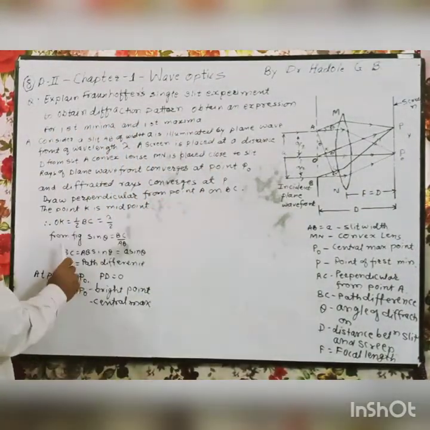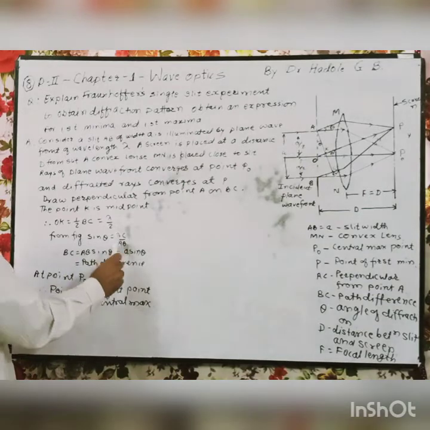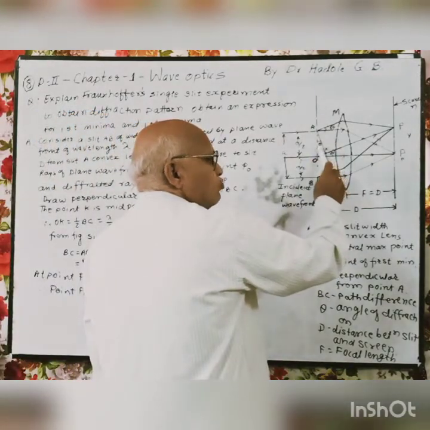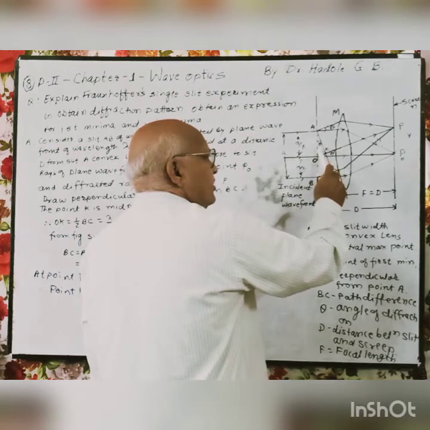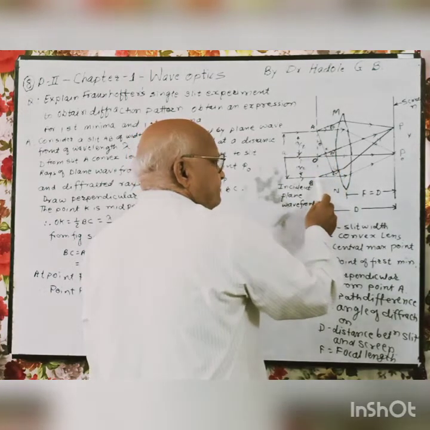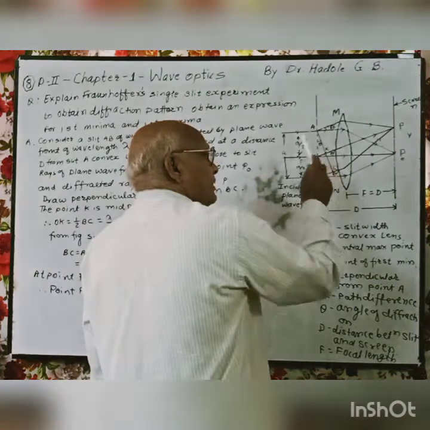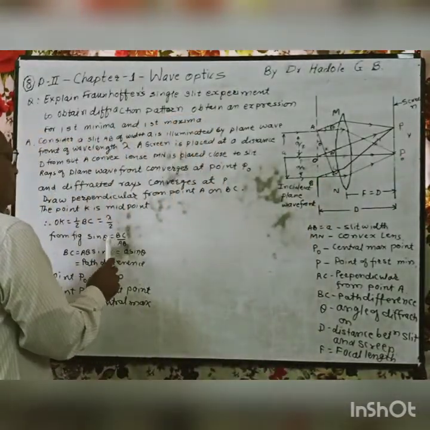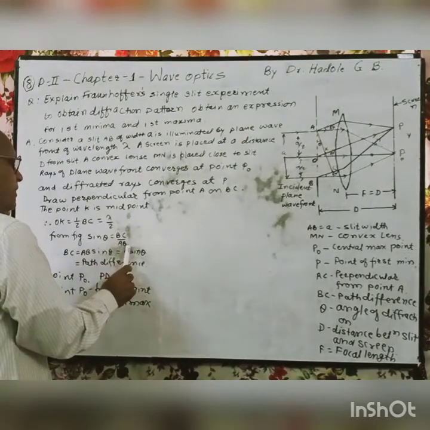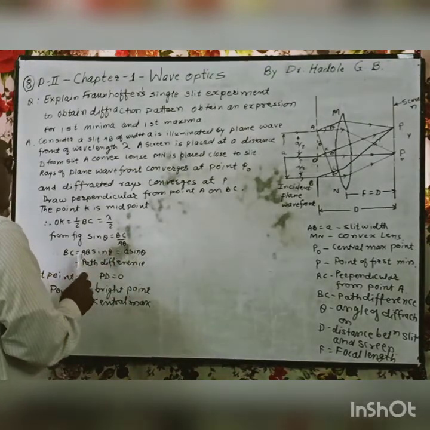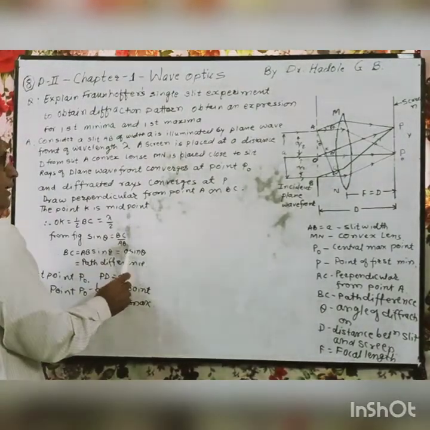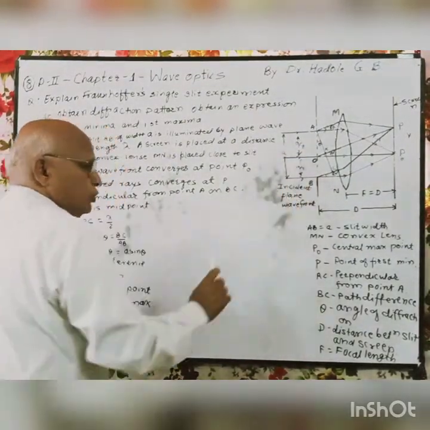Now from the figure we write sin theta equal to BC upon AB. See here, this is the perpendicular, this is angle theta, and this is the hypotenuse. In a right angle triangle, sin theta equal to BC upon AB. Therefore, BC equal to AB sin theta, but this AB is equal to a, that is the width of the slit.